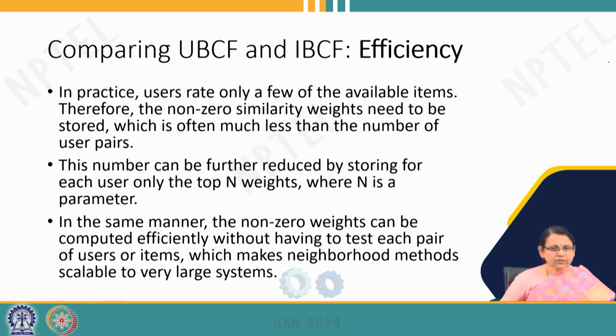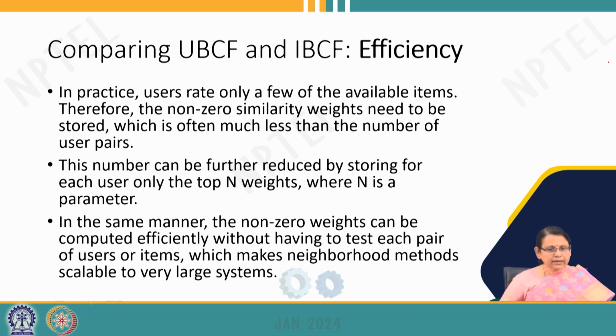Now in practice, the user rates only a few of the available items. Therefore, you only have to store the non-zero similarity weights. As a result, the size of the similarity matrix also gets reduced in case of item based systems.